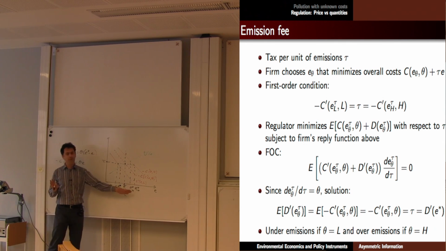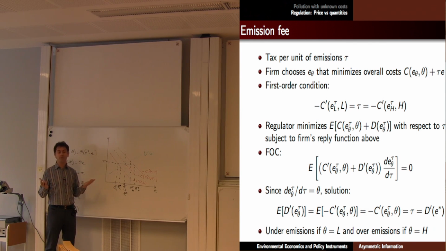You never implement the first best. So you are, as a regulator, making a mistake, but depending on the instrument you choose, the mistake can go in one or the other direction. And it depends also on the cost of the firm.